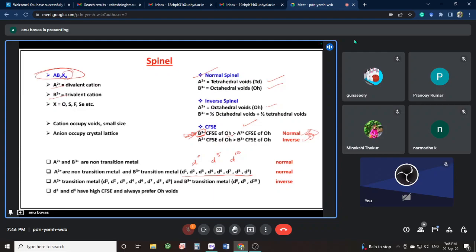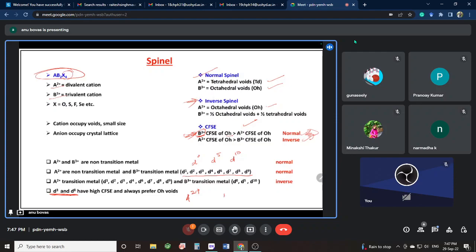And the last point is about d3 and d8. Without even calculating, we know d3 and d8 have the highest CFSE. So if any metal has a d3 or d8 configuration, it will prefer octahedral voids. If A2+ has a d3 or d8 configuration, it prefers the octahedral voids, which means it will be an inverse spinel.